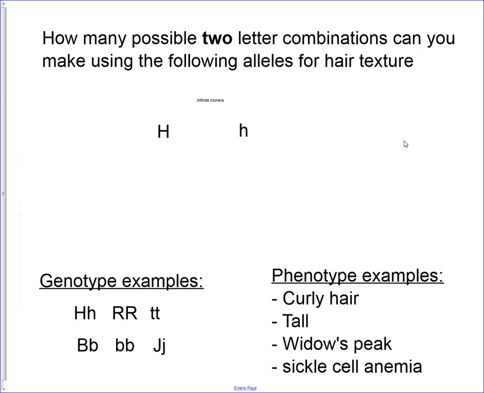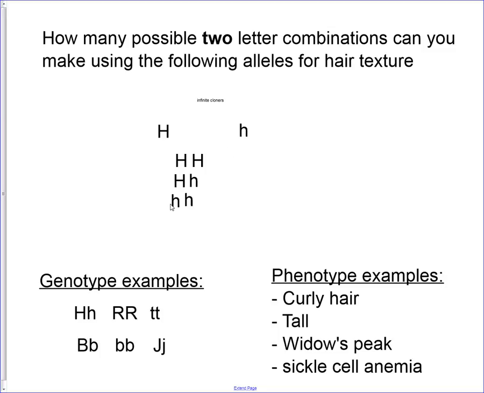Okay, how many possible two-letter combinations can you make using the following alleles for hair texture? We have a big H and a little h. And so basically there's only 3 combinations. You can do big H, big H, so this would mean that each of your parents passed down to you a dominant H. It could be that your mom gave you a big H and your dad gave you a little h, or it could be that you both got little h's from your parents.